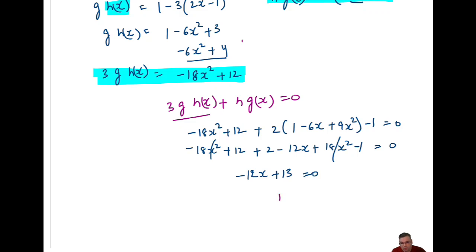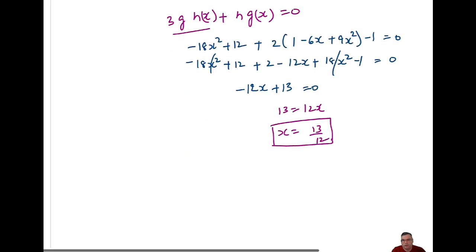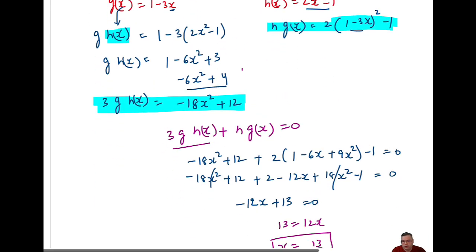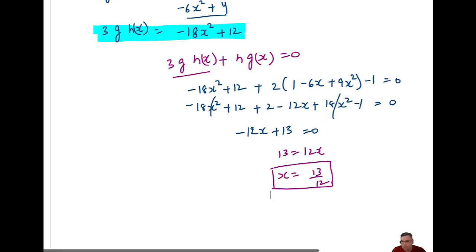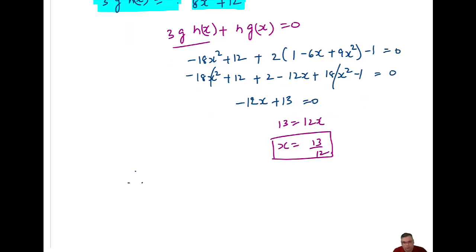So 13 equals 12x, so x equals 13 by 12. Here we have found the solution as well. So this equation has just one solution, which is 13 over 12. Therefore it has only one solution.